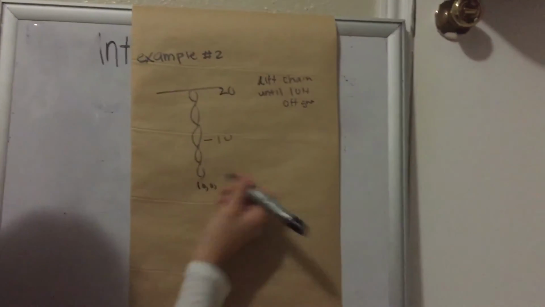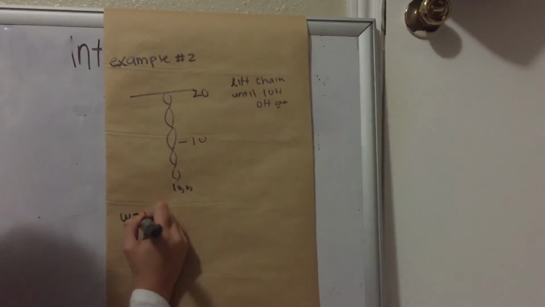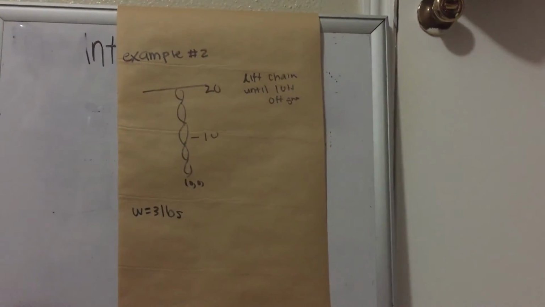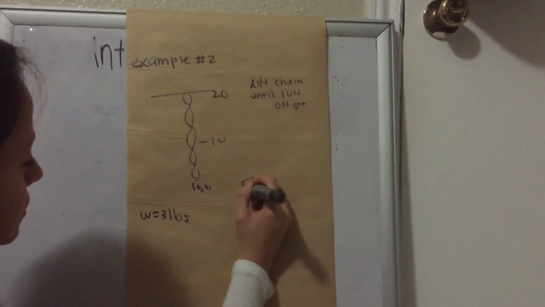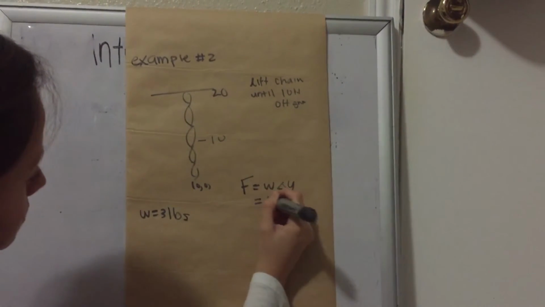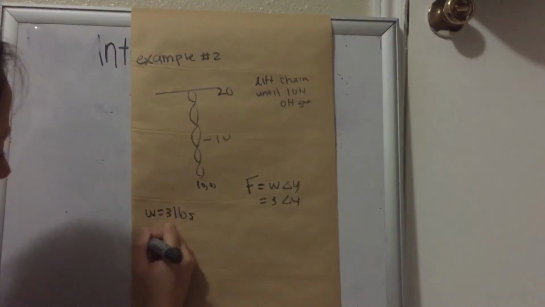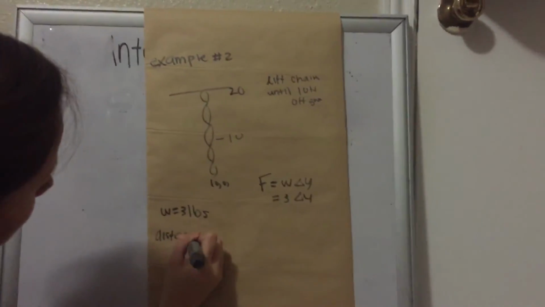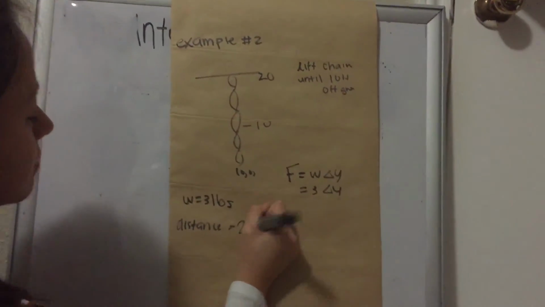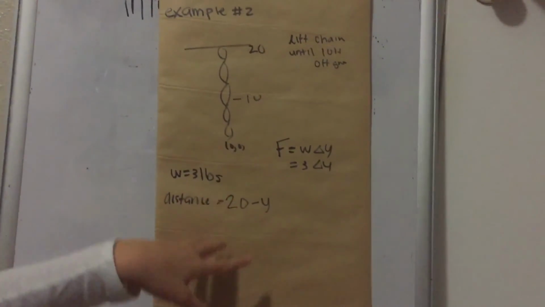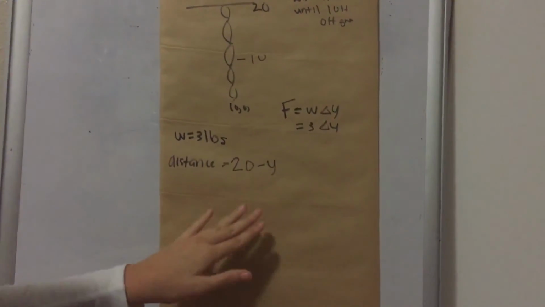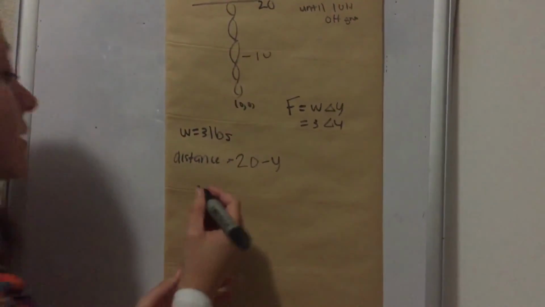We also know that the weight of the chain is equal to 3 pounds. That we know. It's given to us in our problem. So now we know that force is equal to W times delta y, equals 3 delta y. So we have to find distance. Well, distance is top minus whatever, so it's 20 minus y. So we have our weight, we have our force, we have our distance. Now all we have to do is integrate.